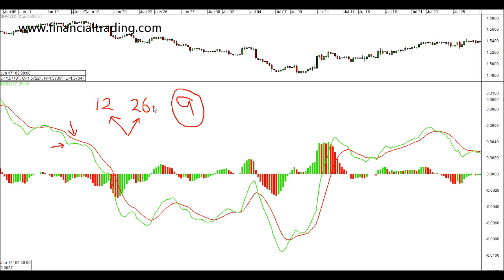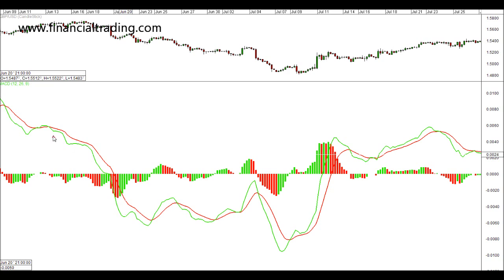You'll notice there's also a histogram on our MACD behind these moving averages. This histogram shows the same data as these moving averages but is displayed differently.